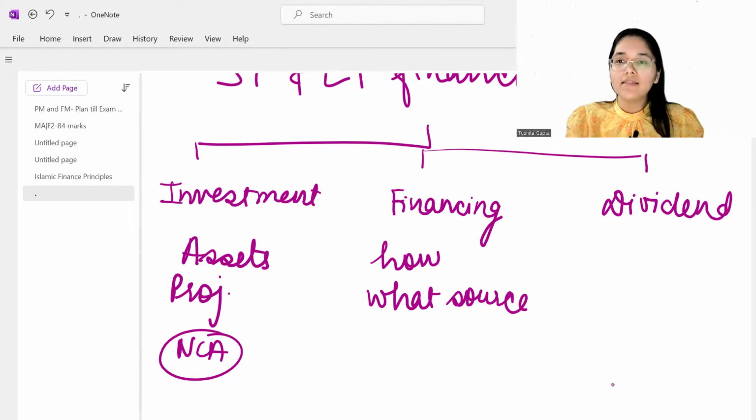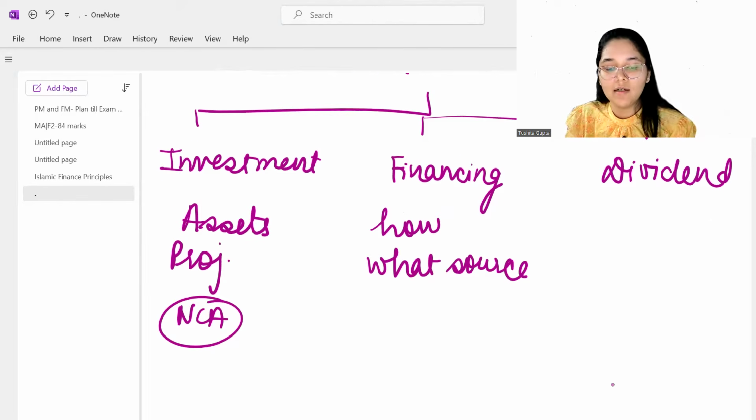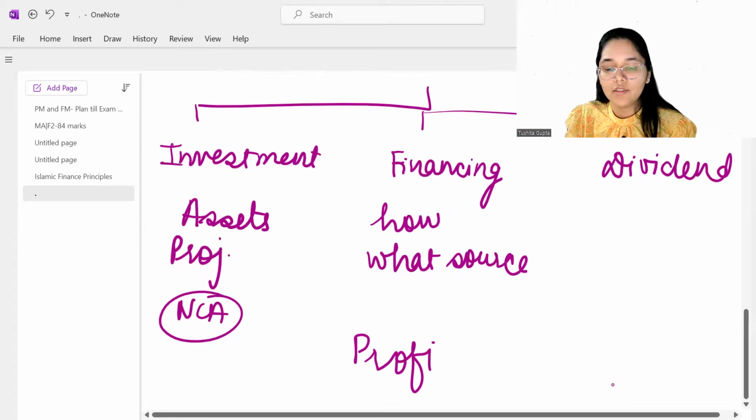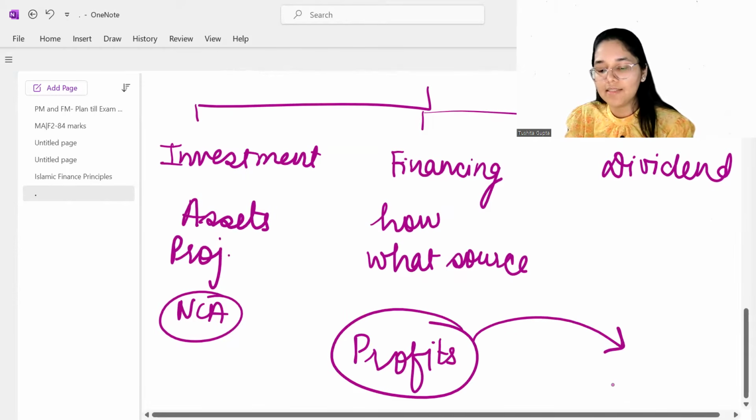Now coming to the last decision, which is your dividend decisions. Like the name suggests, dividend. So basically, the business is in the market for making profits. Now, once the business has earned the profits, what does it do with its profits? Does it invest that money again into the company, or does it pay the dividends to the shareholders?